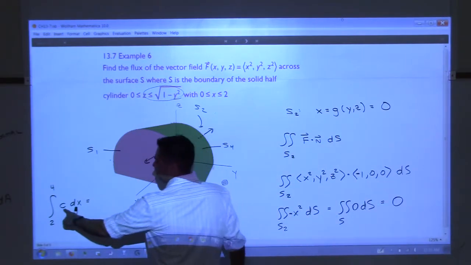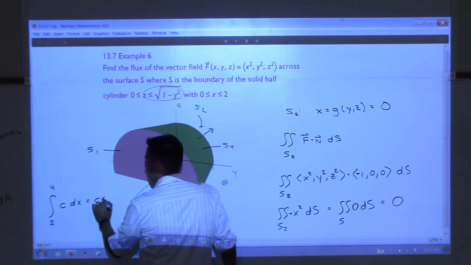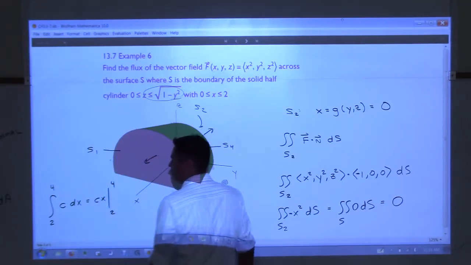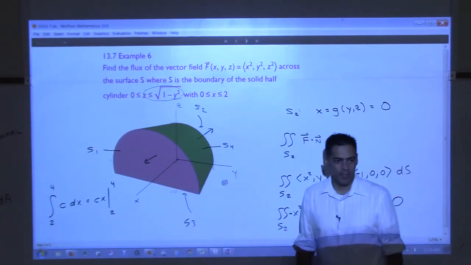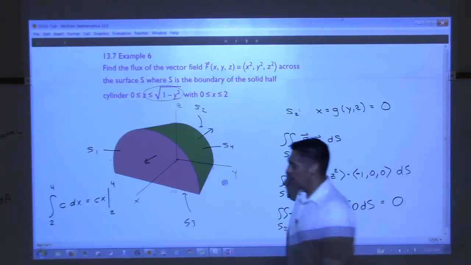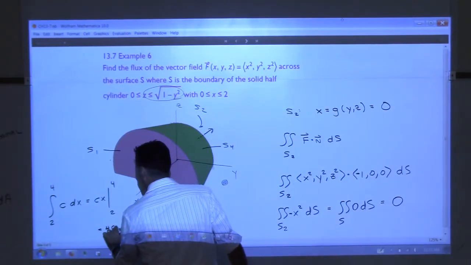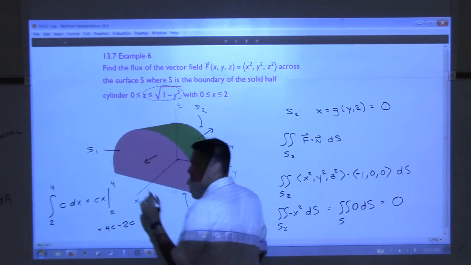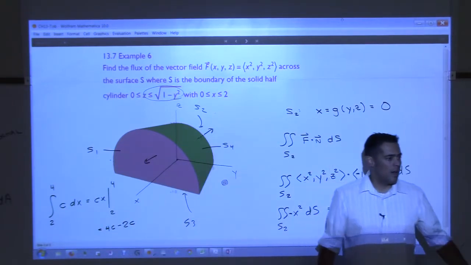Well, what's the antiderivative of c? Cx, evaluated from 2 to 4. Plug in 4, what do you get? 4 times c minus 2 times c. So that's just 2c, twice the constant.